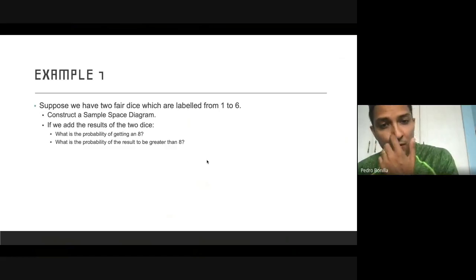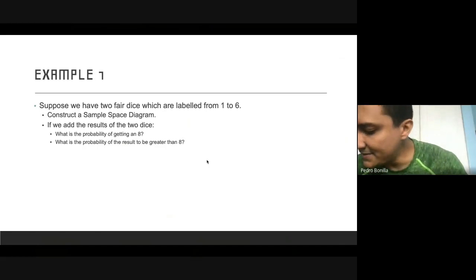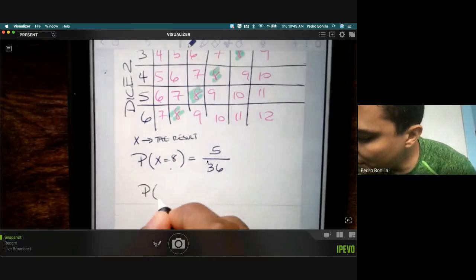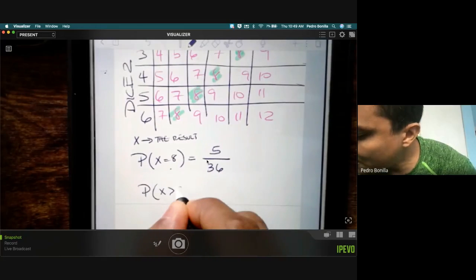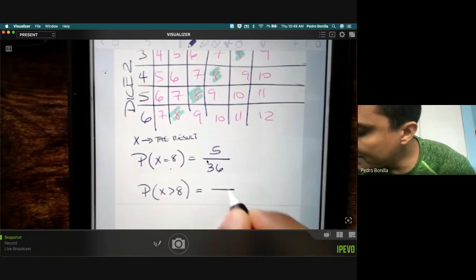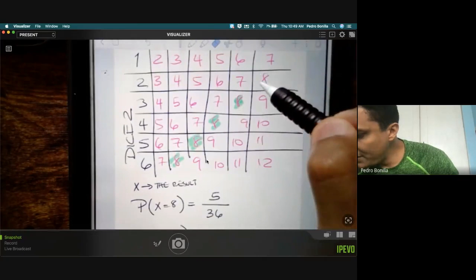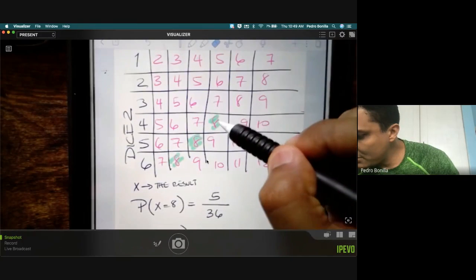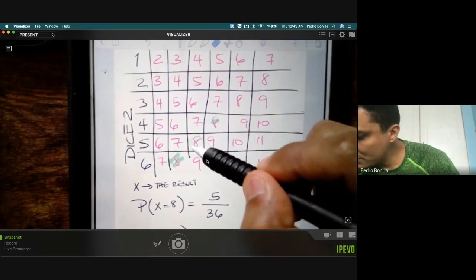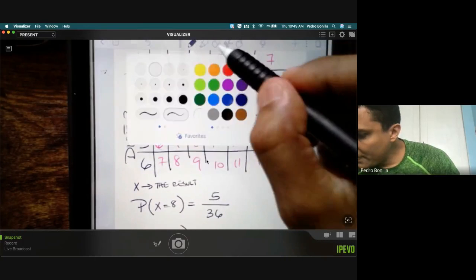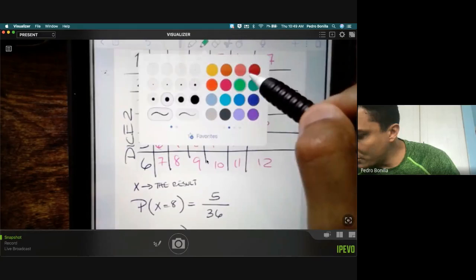Now let's go to the second question. What is the probability of the result being greater than 8? Let's see that. I'm going to erase it here so we don't get confused. Let me change the color as well.